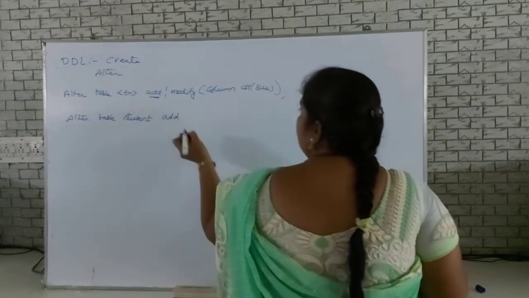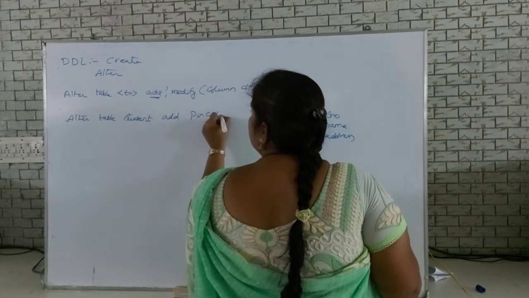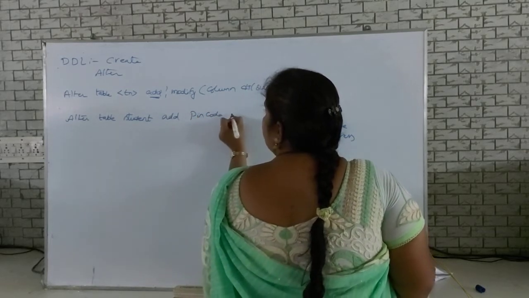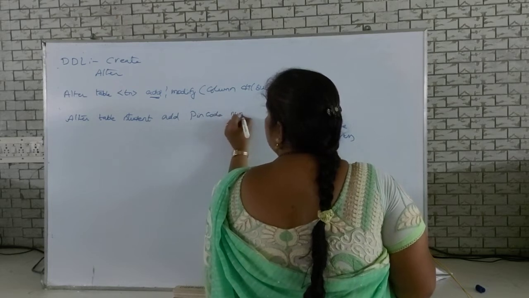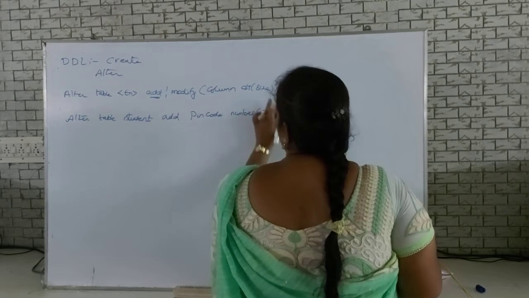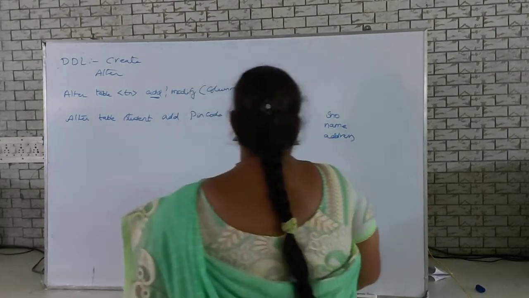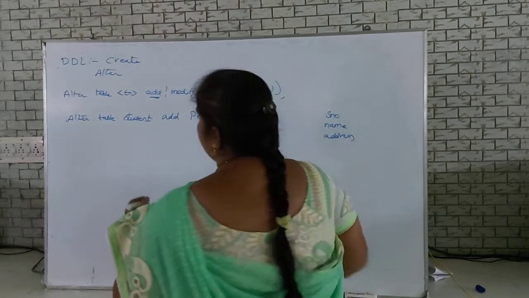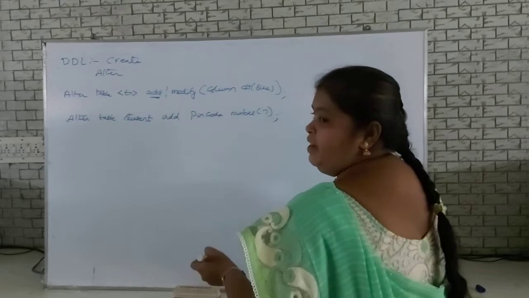So add pin code, data type number of 7. If we want to modify the column, we use only the modify command.